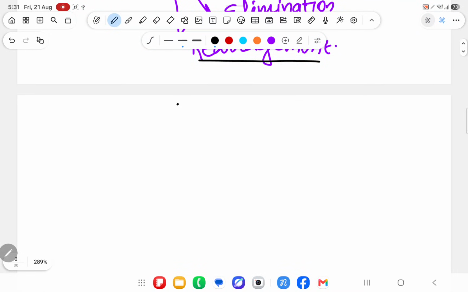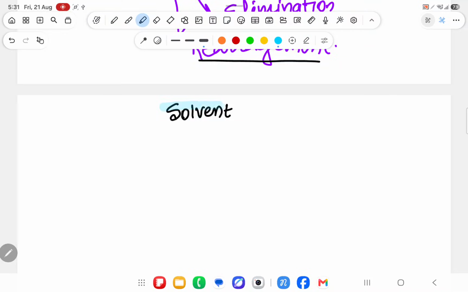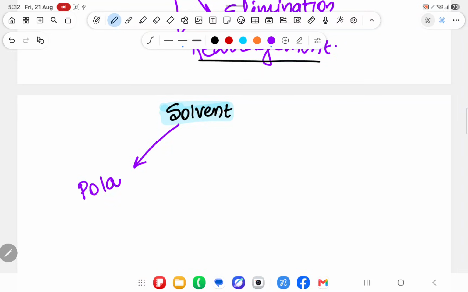Now, before starting this chapter, we have to understand about the solvent. In chemistry language, there are two types of solvent. First of all, do you know what we mean by solvent? Like water is a solvent. There are two types of solvent: one is known as polar and one is known as non-polar.